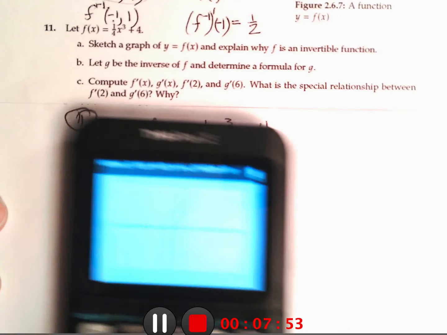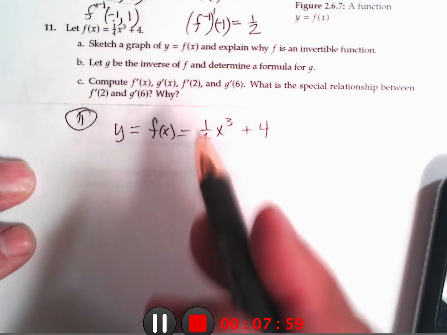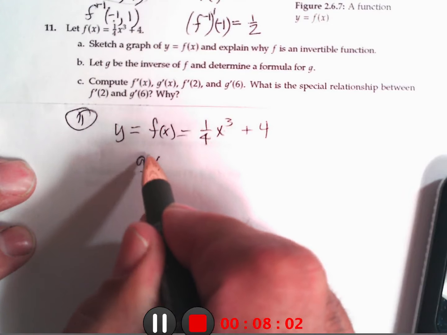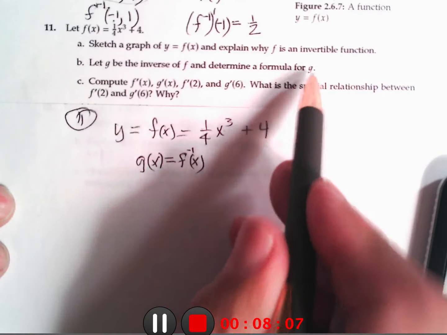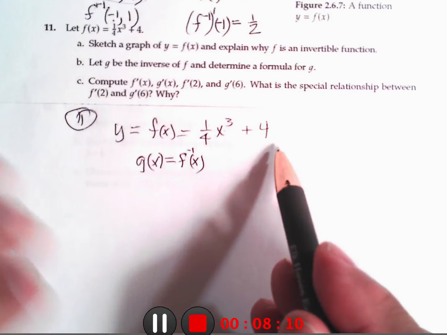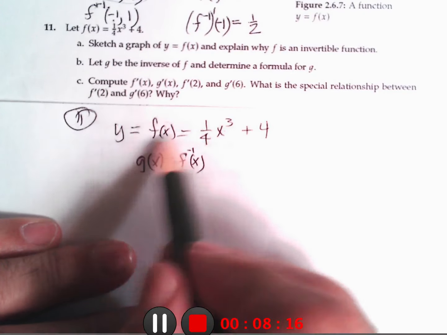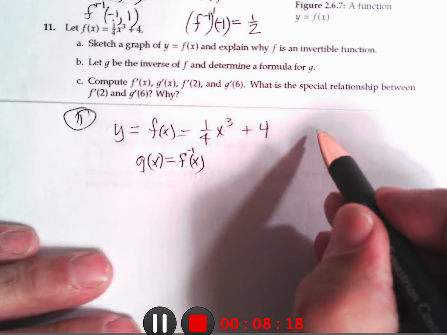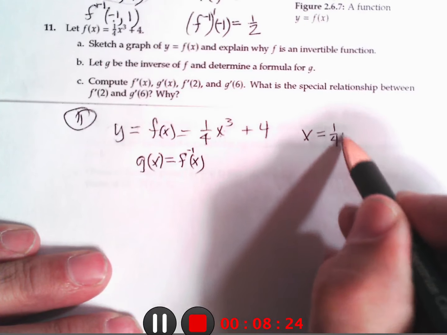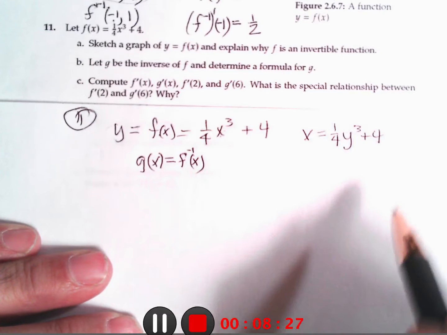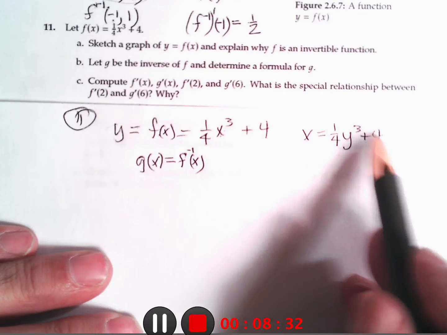Okay. Let G be the inverse of F, and determine a formula for G. To do that, we replace the y, the f of x, with x and change the x to y. So we would have x equals 1/4 y cubed plus 4. To solve for y, we can multiply by 4 right away, or we could subtract 4 right away. Either way.